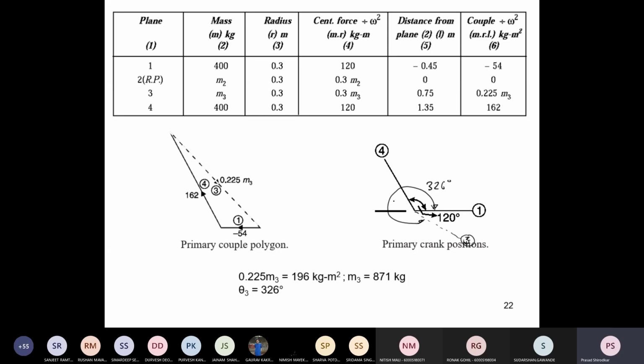Alright, those who have completed till this step, till M3, theta 3 and the crank position, please raise your hand. I will wait for a couple of minutes.